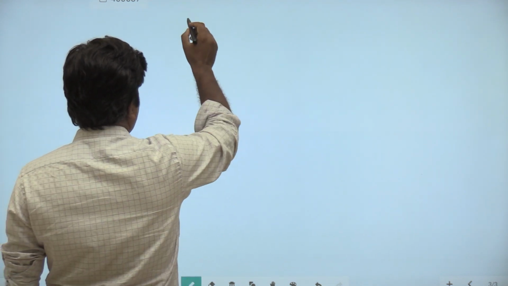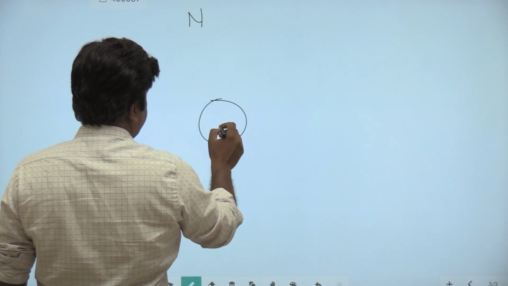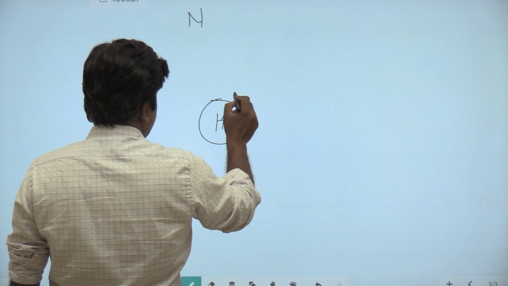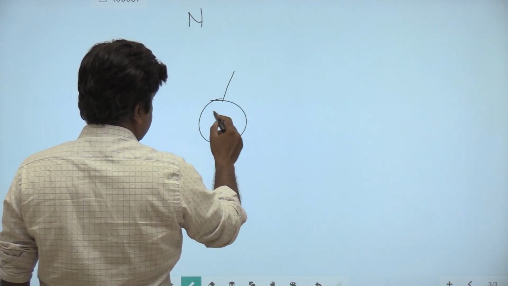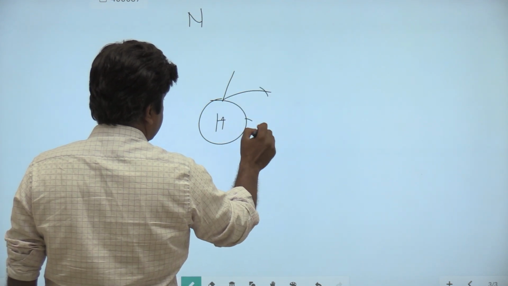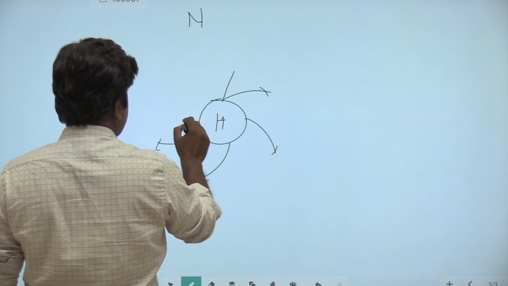So if we talk about the northern hemisphere, suppose this is an anticyclone, a high pressure center. The wind will start moving away from this high pressure center, and the moment it moves, it will turn towards its right.